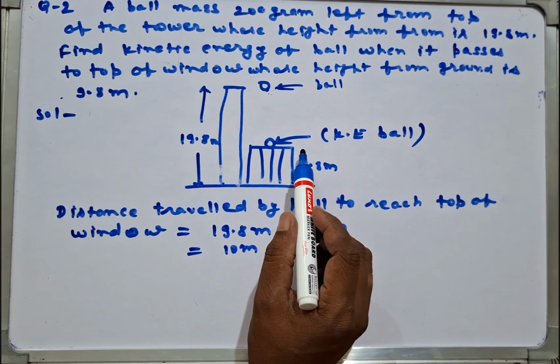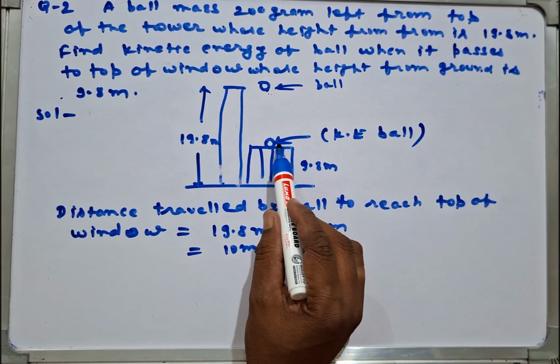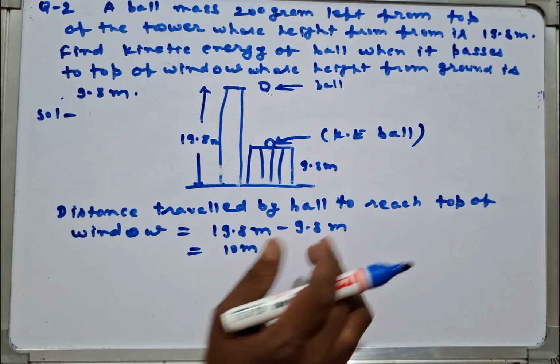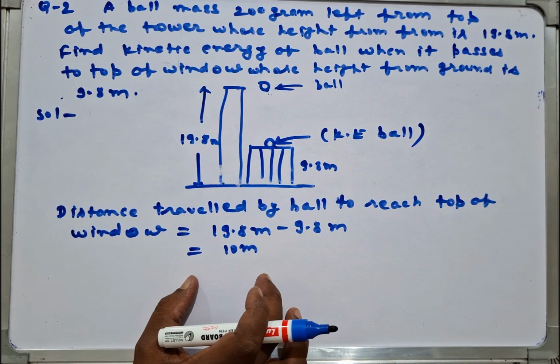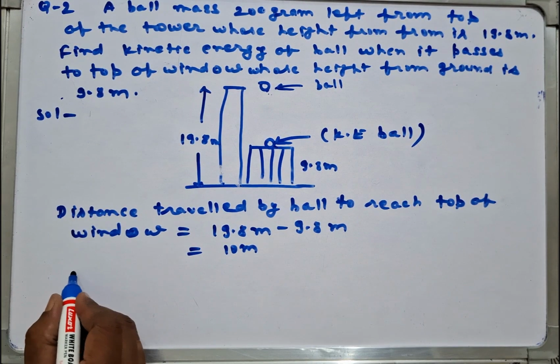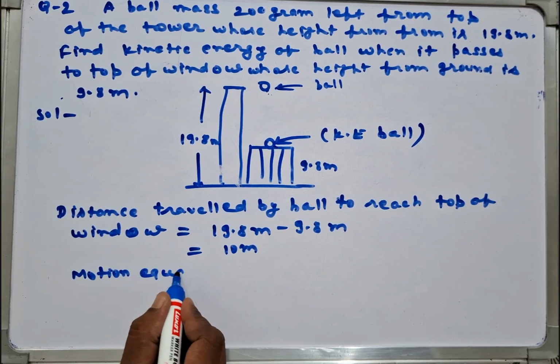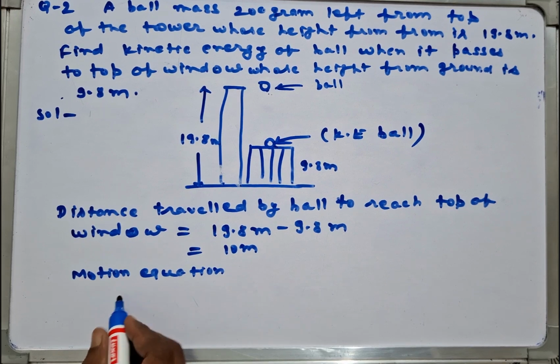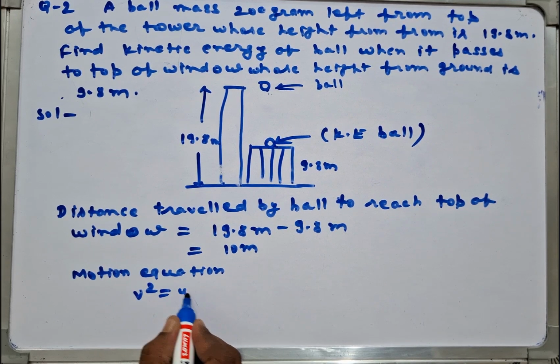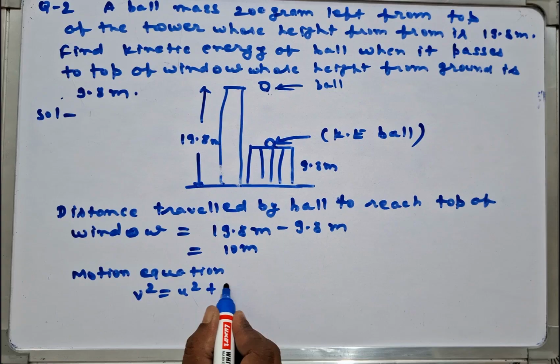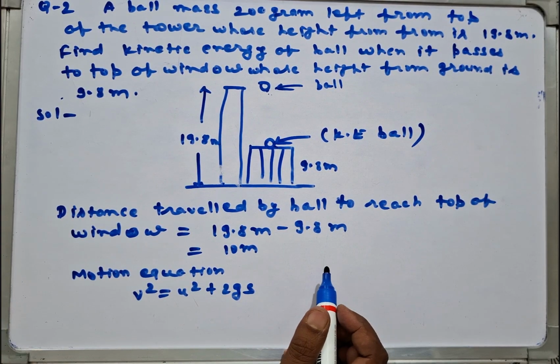So you have to calculate the kinetic energy of the ball at this point. So you know the motion equation that v square equals u square plus 2gs.